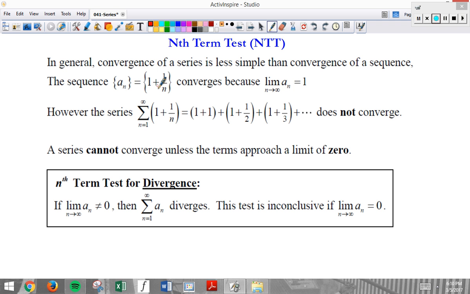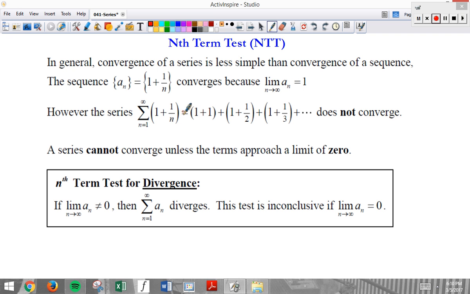I just take the limit, and I notice that 1 over infinity is going towards 0. 1 plus something going towards 0 is 1. So the sequence converges. However, this series, which is the sum of that sequence, I'm just writing out the terms here, plugging in 1, plugging in 2, plugging in 3, does not converge. Why doesn't this converge? Pause the video and think about it. 3, 2, 1.